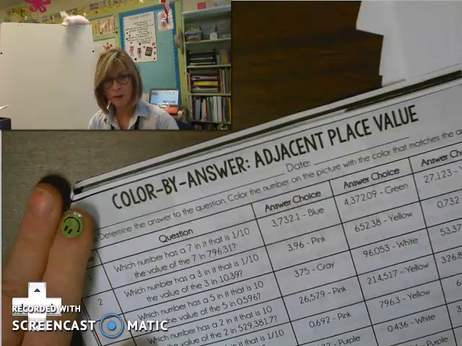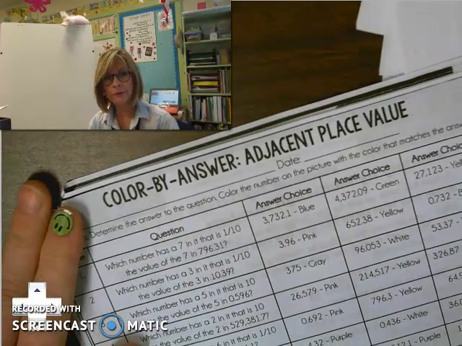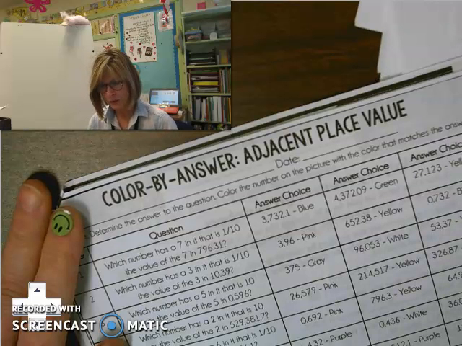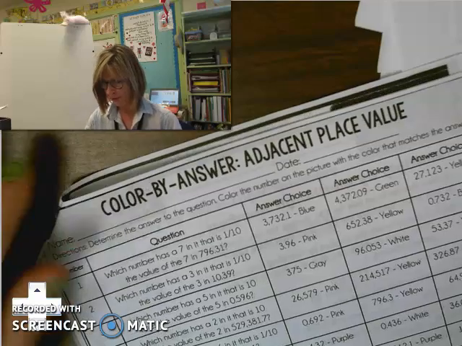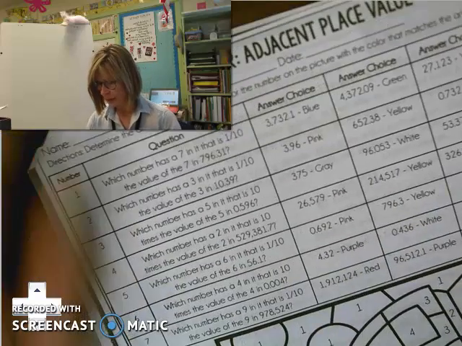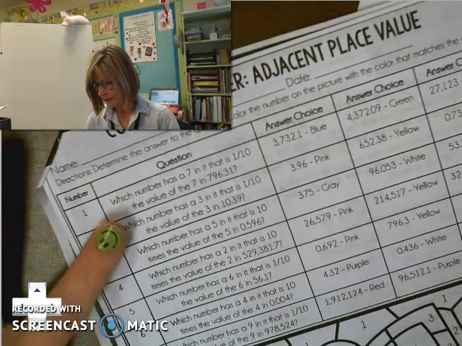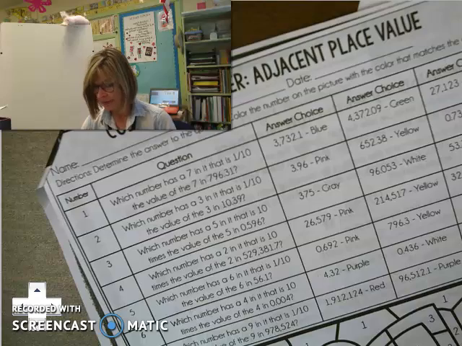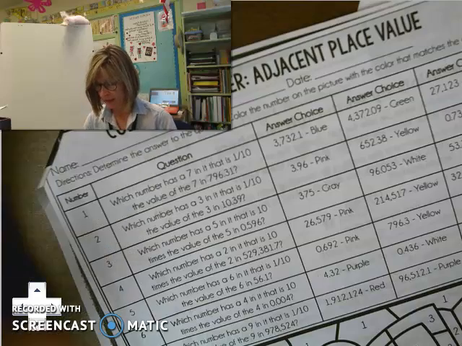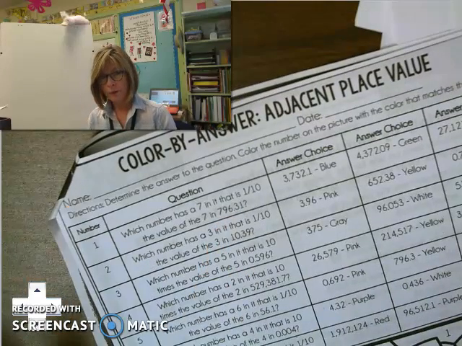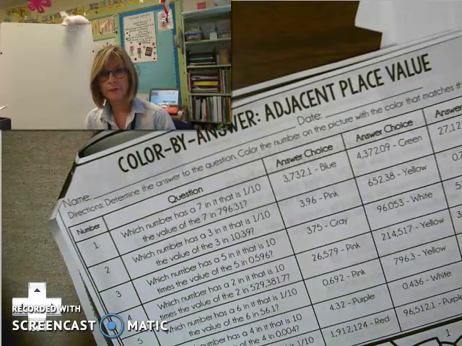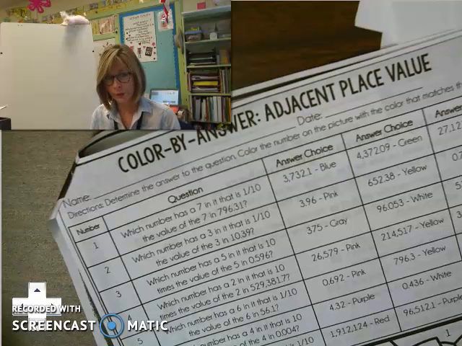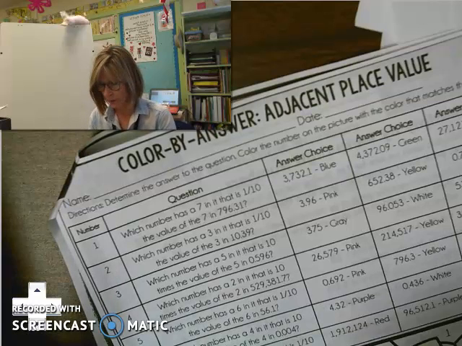All right, so this color by answer, the adjacent place value, was tripping up a few people, and I just want to remind you of what we were doing on this in class. When it's asking which number has a 7 in it that is 1/10 the value of the 7 in the given number, we remember that our place value positions increase 10 times as you get larger and decrease 10 times as you get smaller.